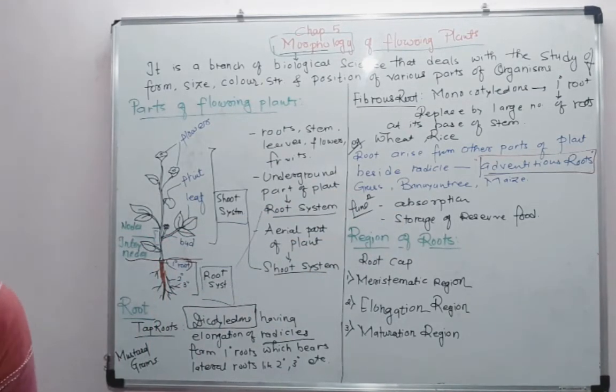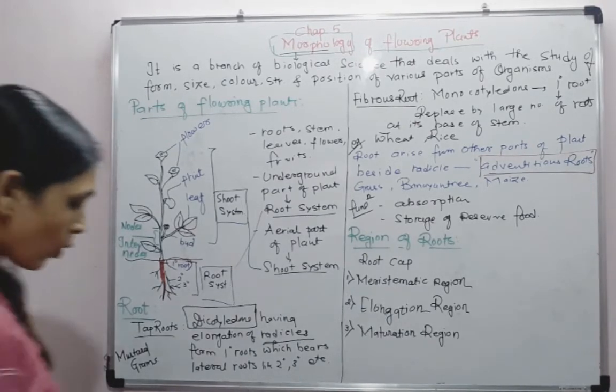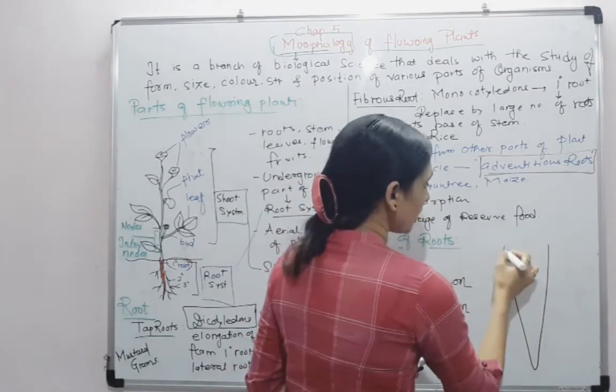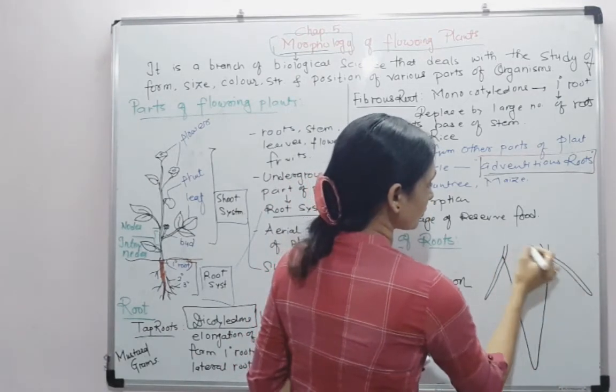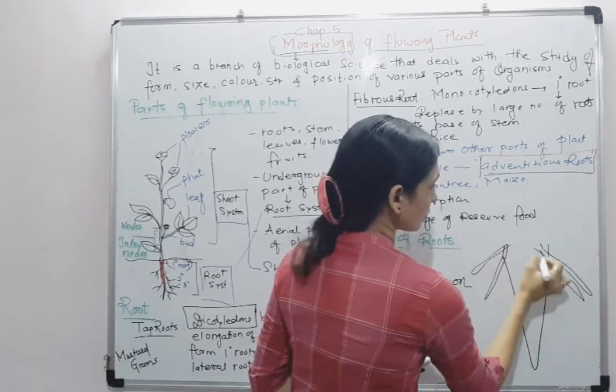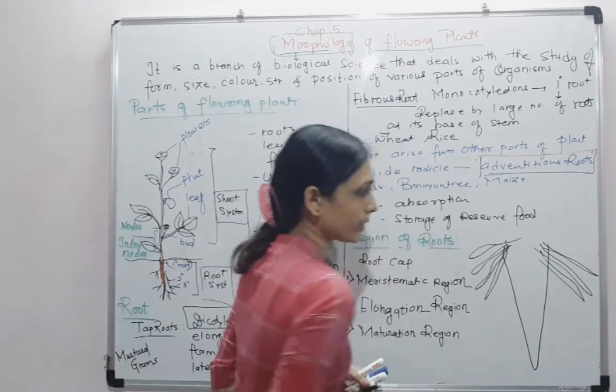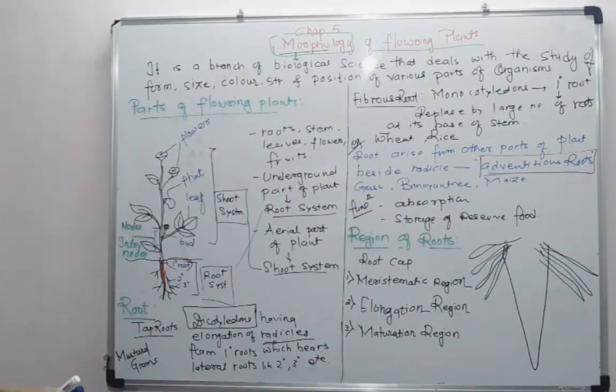Now we will see next is region of roots. If we go through the region of roots, I am just going through the rough diagram of this root part. Okay. Just like this.